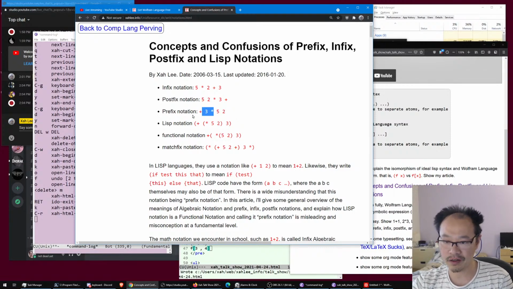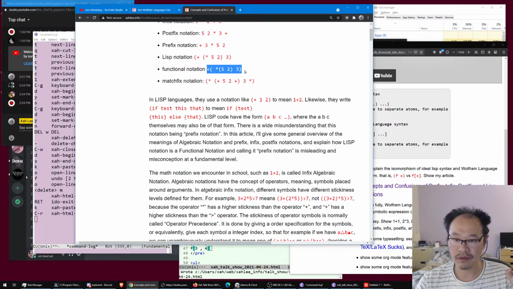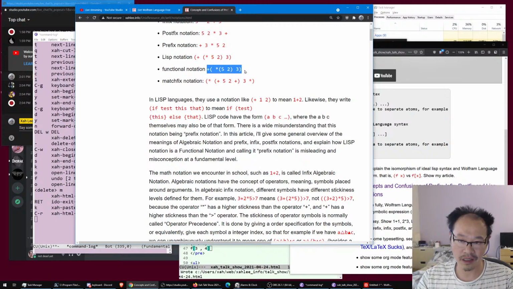That's a prefix notation. Then you have the Lisp notation. Now, that needs no explanation, we just did it before. Then you have the typical functional notation in traditional mathematics. For example, sine, cosine, so you put f, then parentheses, then the arguments.